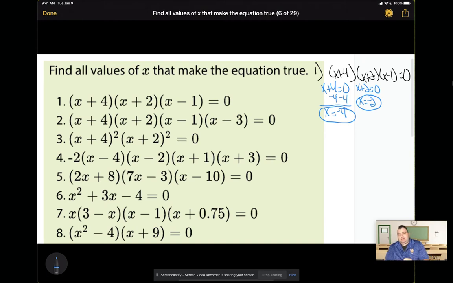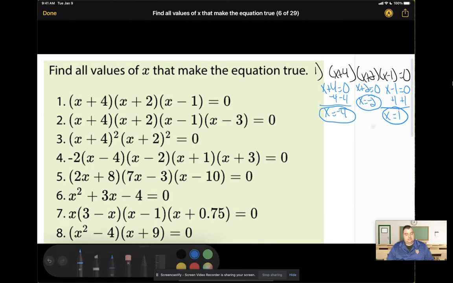And then lastly, if I take x minus 1 and set that equal to 0, I'm going to add 1 to both sides, and I'm going to end up with x equals 0 plus 1, which is 1. So 3 factors, 3 x-intercepts.